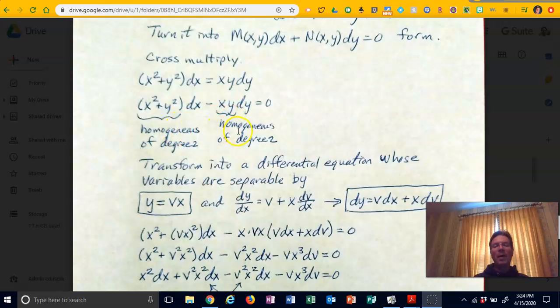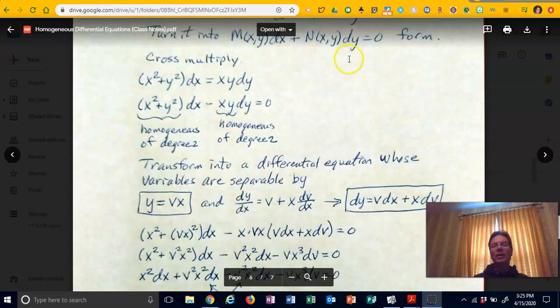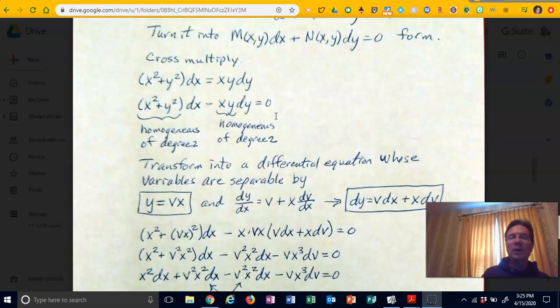So since they both match in degree 2, this is a homogeneous differential equation of degree 2, which means we can replace y's with v stuff and dy's with dv's and dx's, as you'll see here in a second.